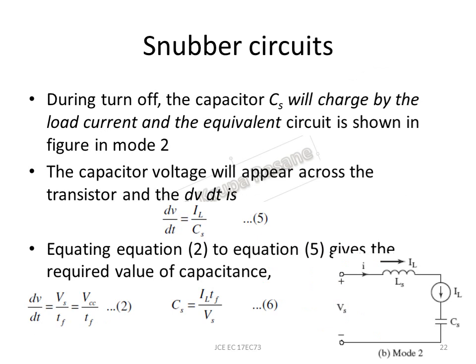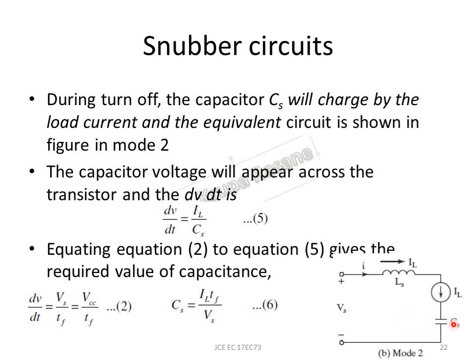Next, during turn off, the capacitor Cs. Now, during turn off, we have this capacitor which is in parallel with the device. Because this device turns off, the current cannot flow through it, and it will start charging this capacitor. The equivalent circuit is shown in this mode too, and in this case the capacitor voltage now appears across the transistor.